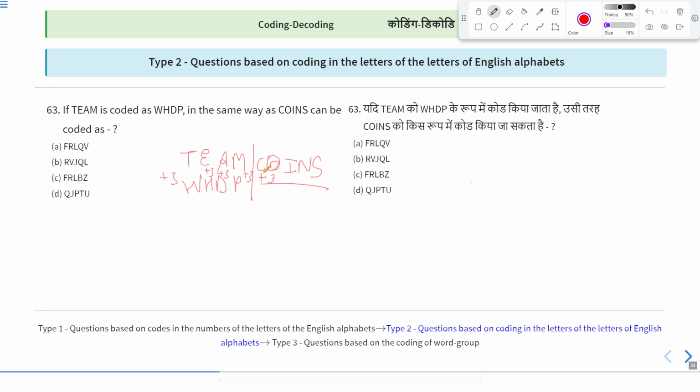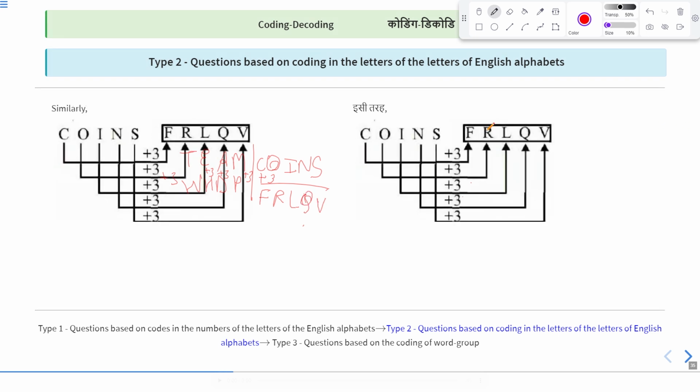C plus 3, D, E, F. Answer is F. O plus 3, R. I plus 3, L. N plus 3, Q. S plus 3, V. F, R, L, Q, V.